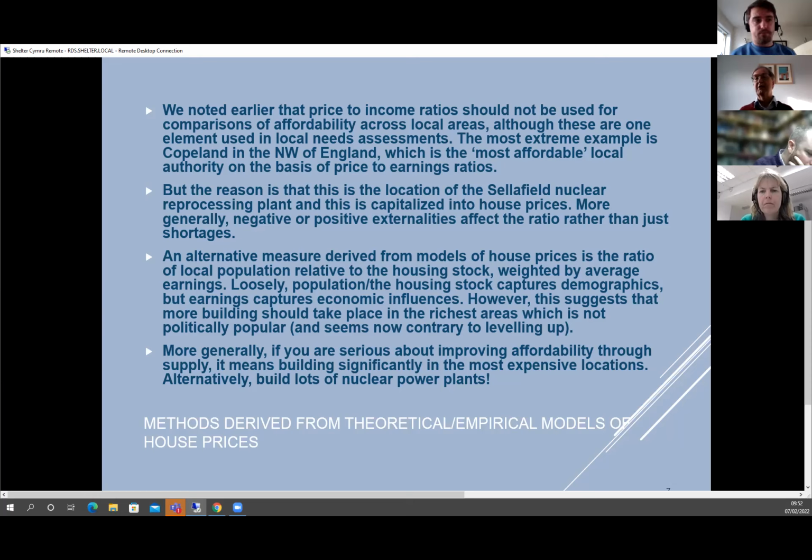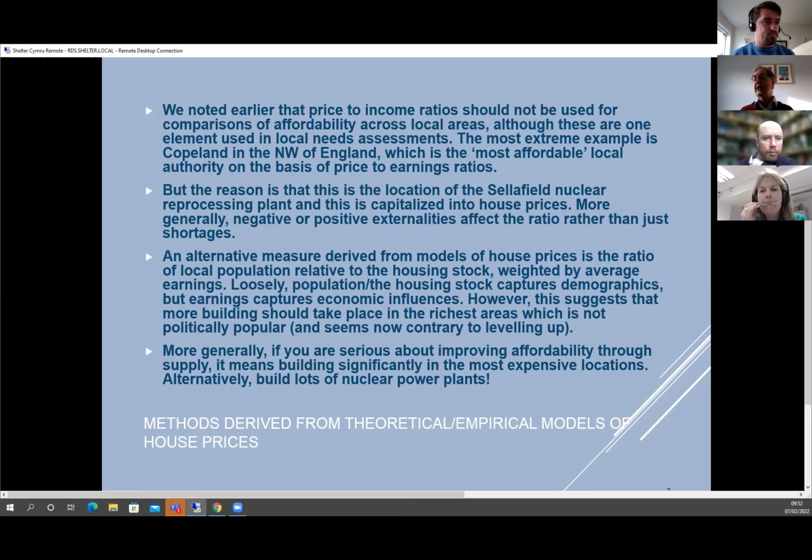The presence of the plant is negatively capitalized into house prices, so the ratio does not represent a true excess supply of homes in Copeland. Even though that's probably the most extreme example, it is an example of a more general problem.